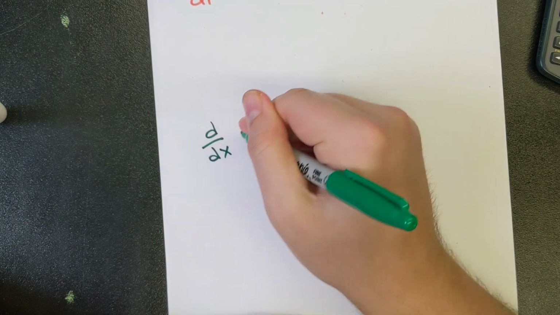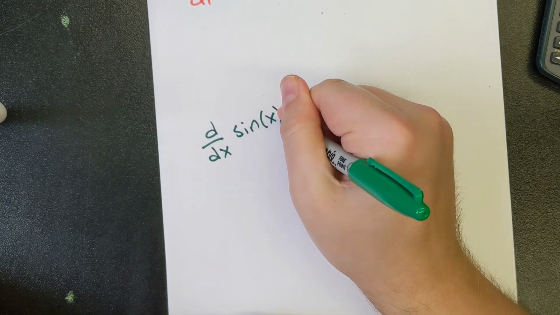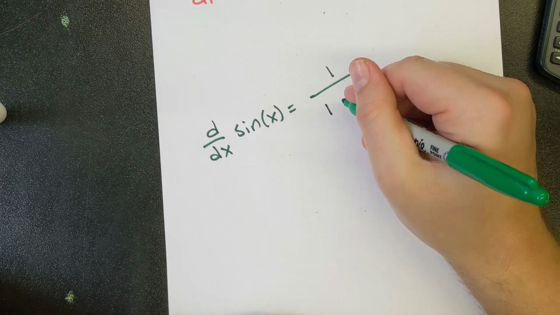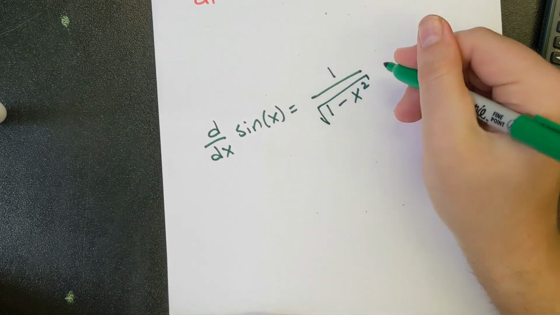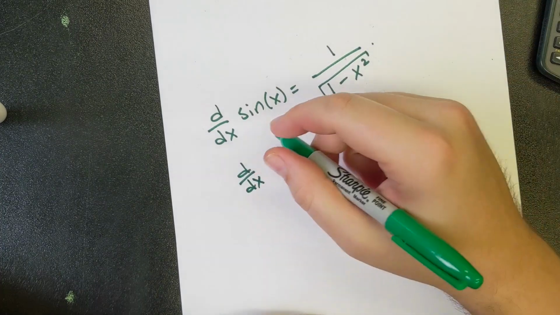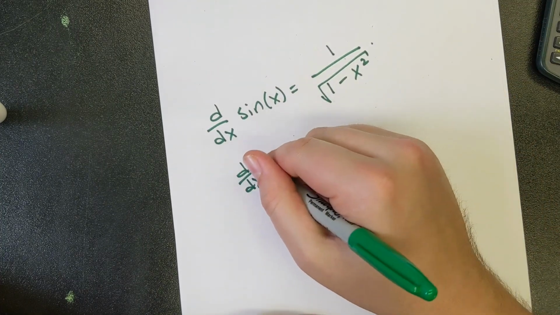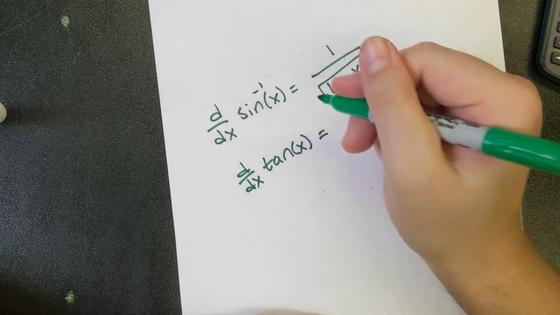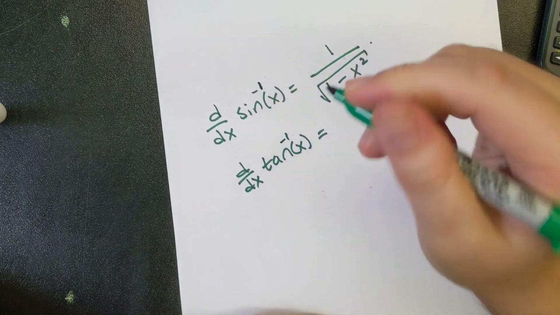For arc sine of x, it's 1 over, I hope I have this right, I think it's 1 minus x squared, square rooted. For, that's sine. For tangent, derivative tangent, oh, this is sine inverse, tangent inverse.